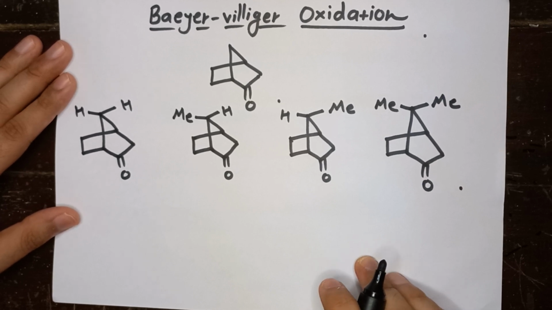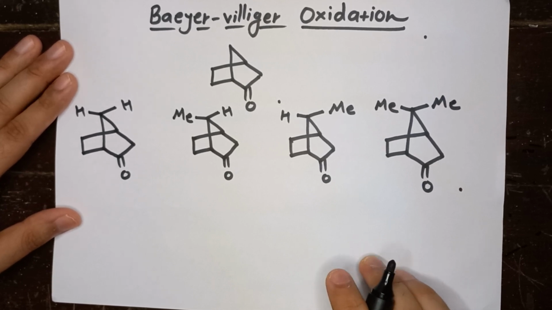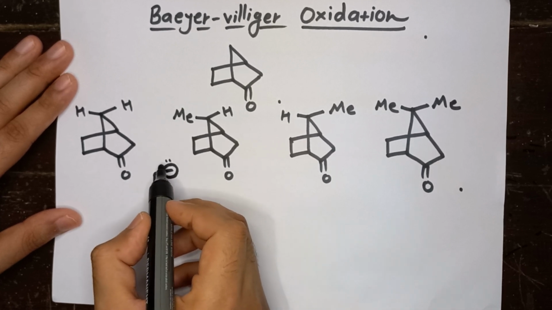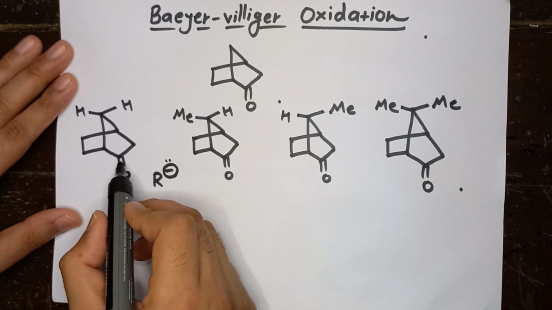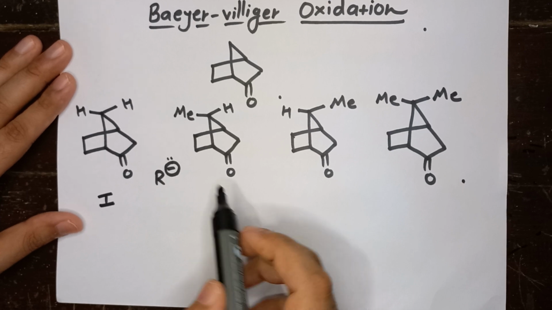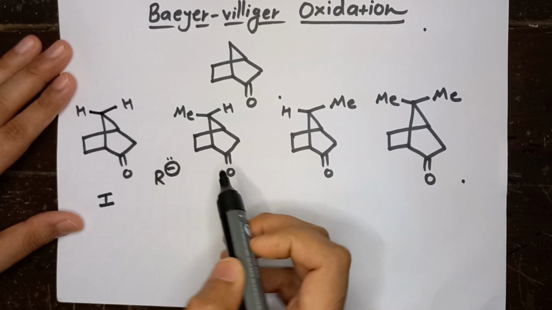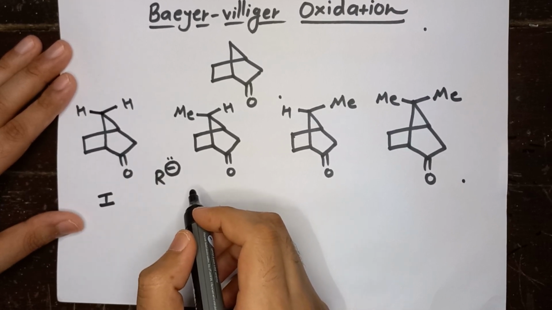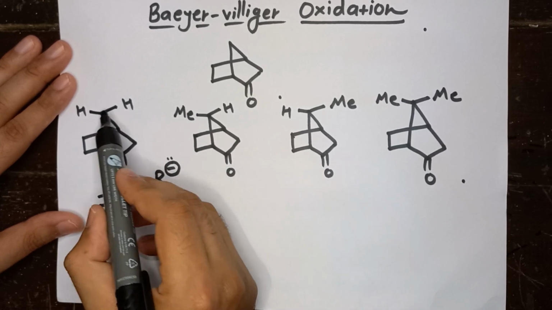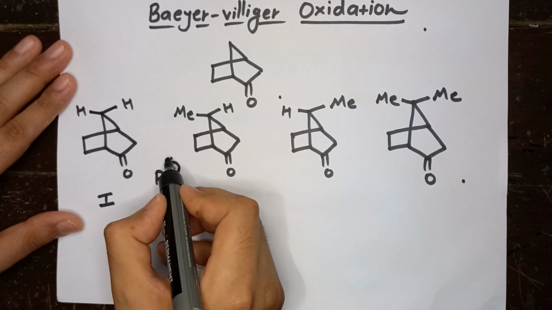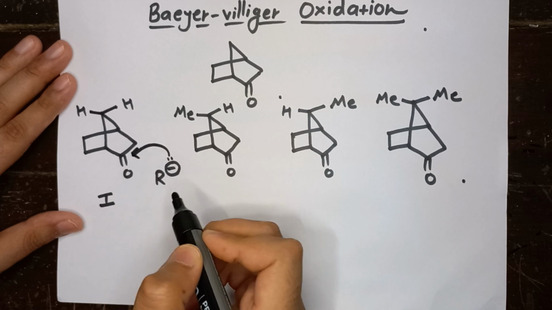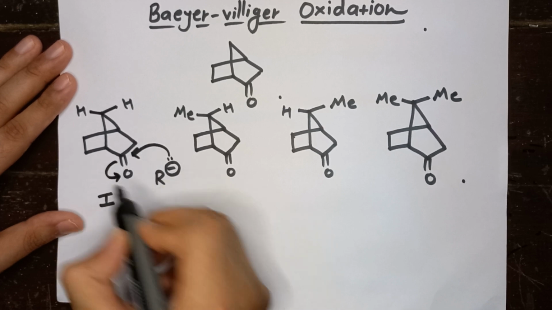So let's say I am reacting this with a Grignard reagent which gives me R minus, and this R minus is going to attack this carbonyl system. In the first case, we have two hydrogens here which will not cause any hindrance, and this carbonyl is a planar molecule. So just because we have two hydrogens here, this R minus can comfortably come from above the plane and attack this carbonyl, breaking this bond.